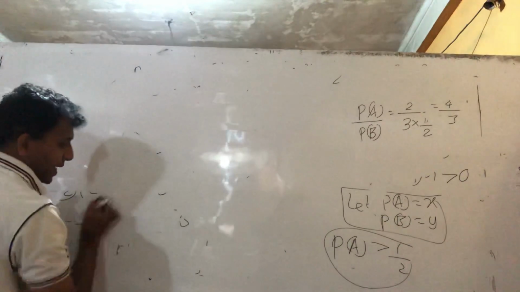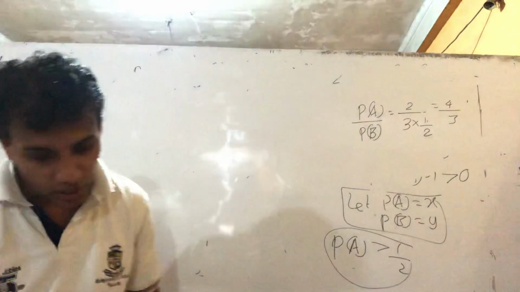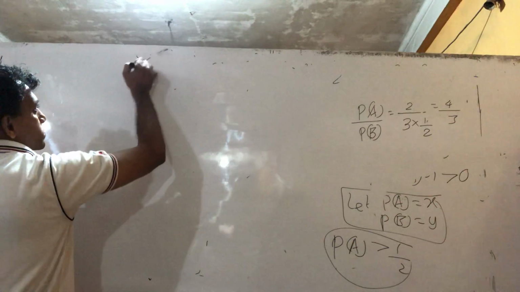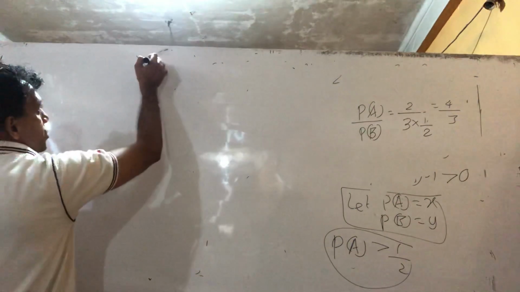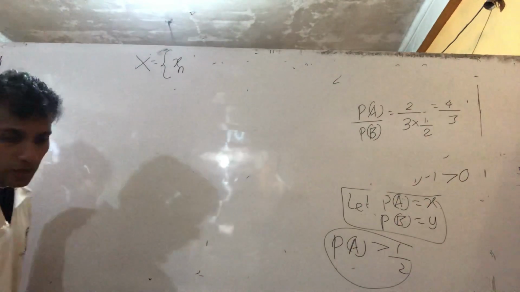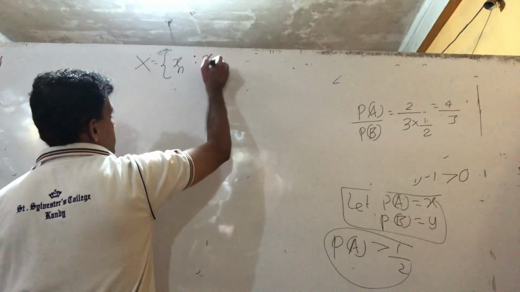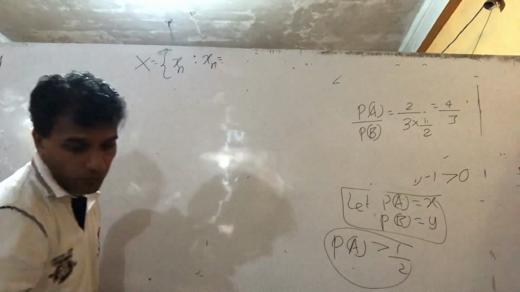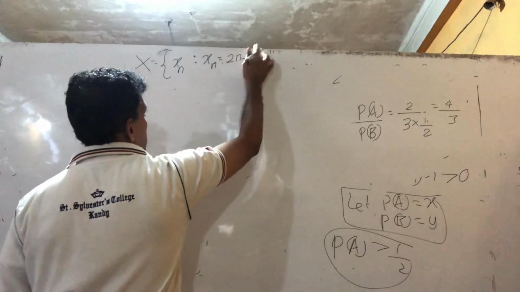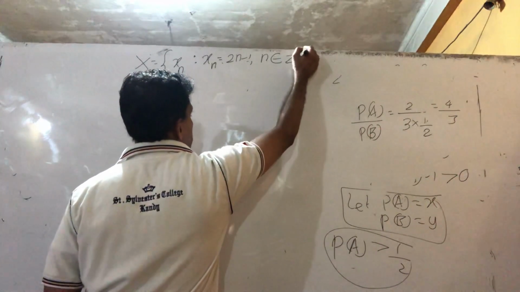First, they describe a set in set notation form. Let capital X equal x_n, where x_n equals 2n minus 1, n is a positive integer.